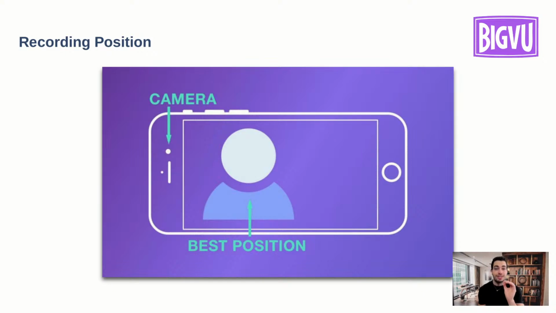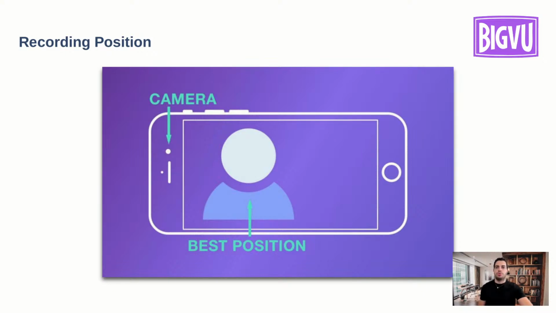This way, it will look like you're looking at the camera and not reading anything. This is the best way to get great engagement on your videos, because you look natural and you don't look like you're reading. Okay, these are the recommendations.